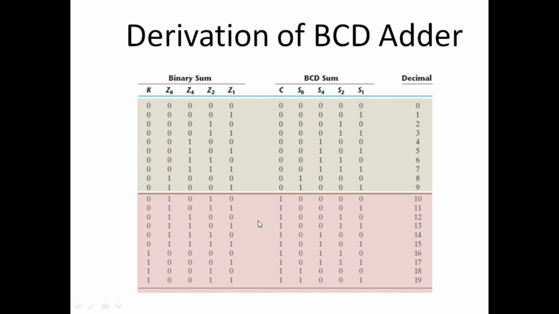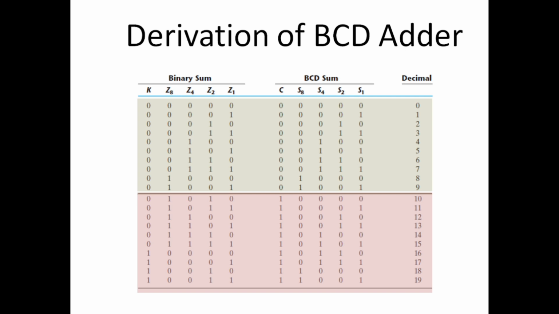Similarly, if 0, 1, 1, 0 is added with this binary sum, then this would become the BCD sum, like this. And the same is true for all possible output combinations below this line. So whenever the binary sum of the binary adder is equal to 10 or greater than 10, then if 0, 1, 1, 0 is added, the output would become the BCD sum. We would call this addition a correction.